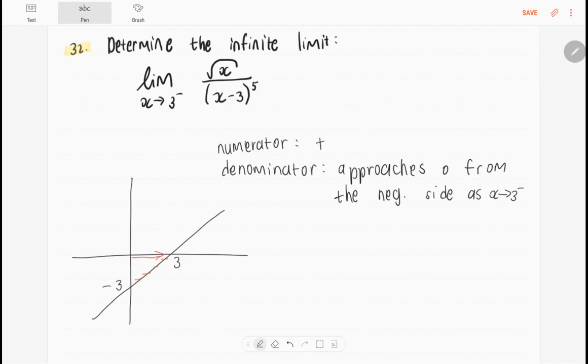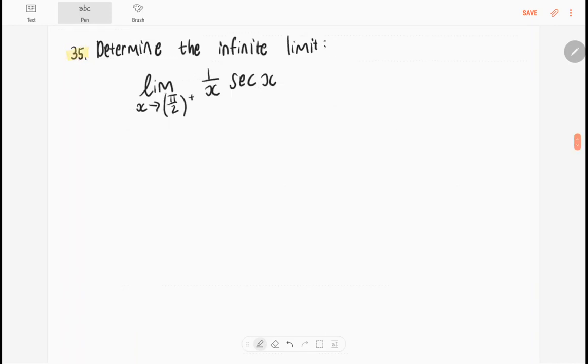Therefore, we now have some positive number divided by a value that approaches 0 from the negative side. So the answer for our limit will therefore be negative infinity, because we have a positive number divided by a negative number infinitely close to the number 0.